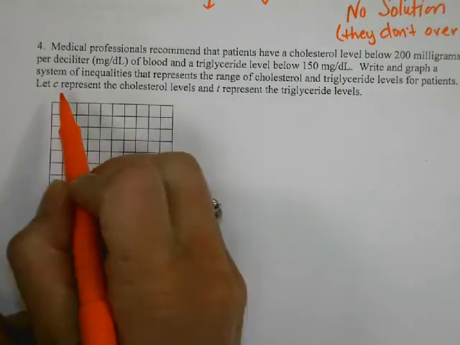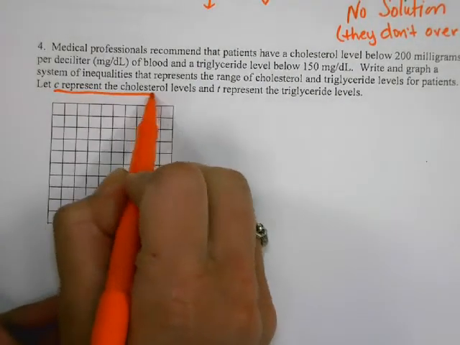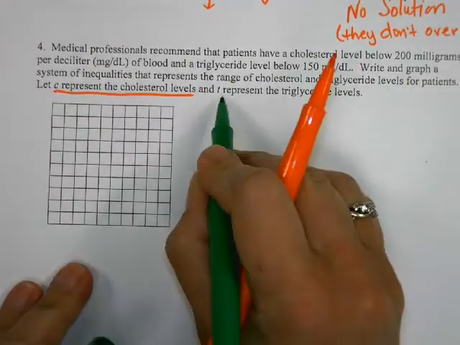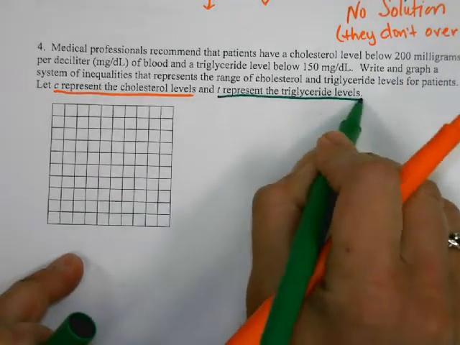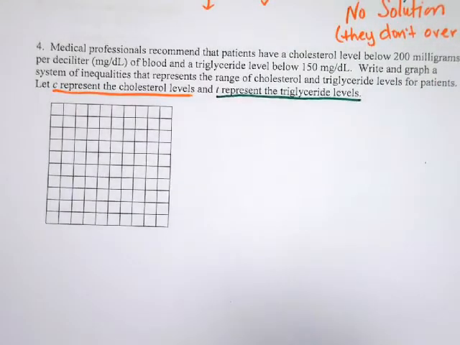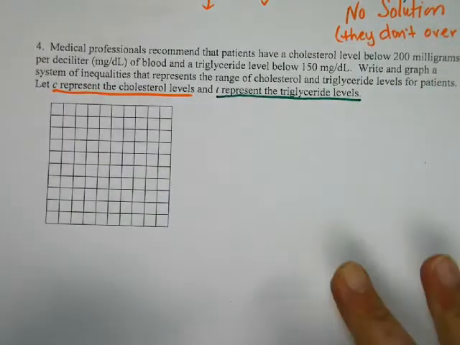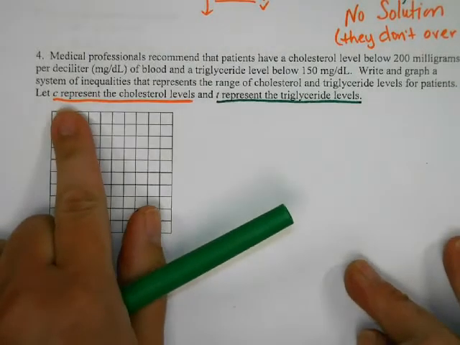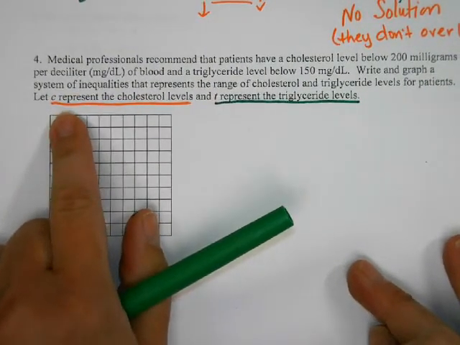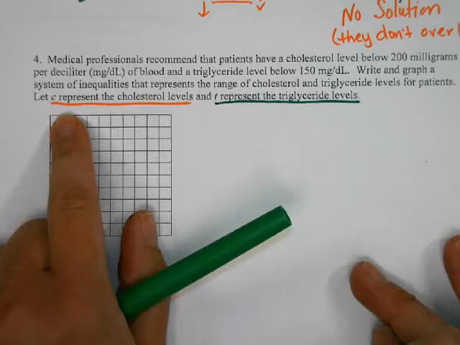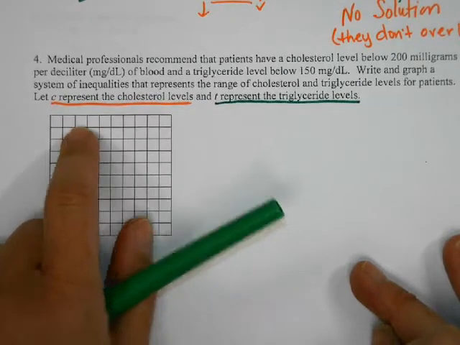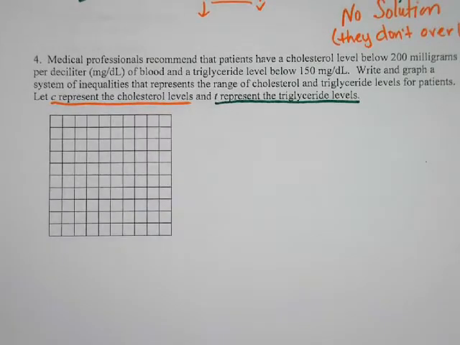All right, so here we go. Here's my cholesterol levels, triglyceride levels. Could we have a cholesterol level that's negative? Not really, right? Normally you go from 0 positive, right? You don't have negative levels usually.